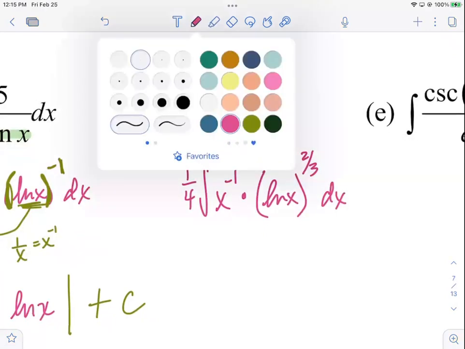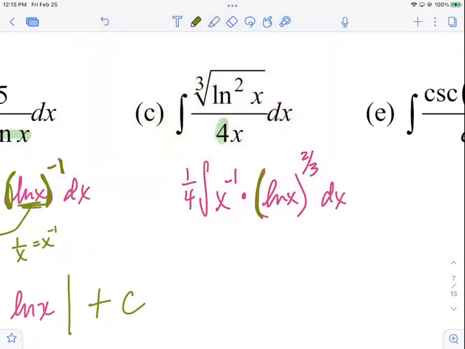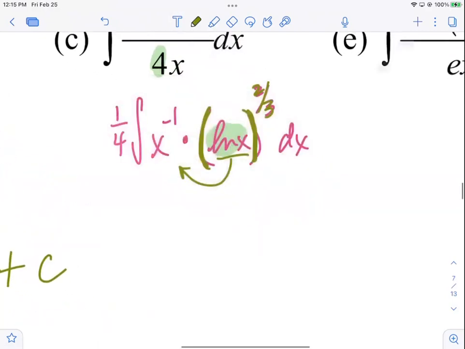Your outside function is going to be blob to the 2/3 instead of blob to the negative first. But your inside function is the same as the previous example. And the derivative is spot on, right? No correction to make. Derivative ln of x is x to the negative first, 1 over x. So the x to the negative first gets packaged back up. 1/4 goes along for the ride. Yeah, I'll put him first this time.